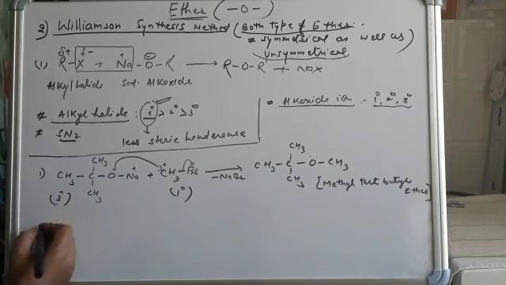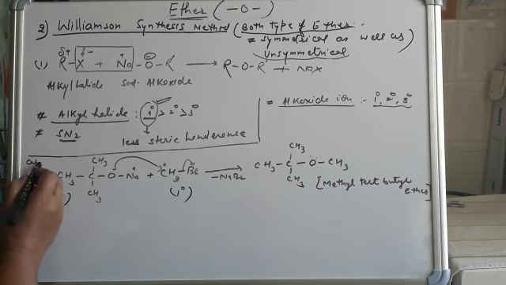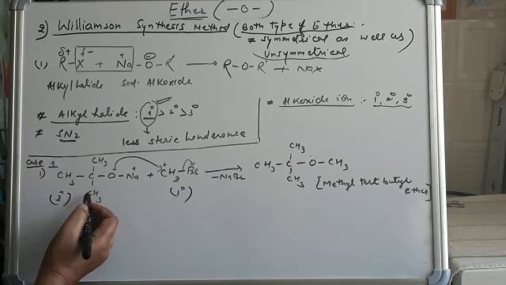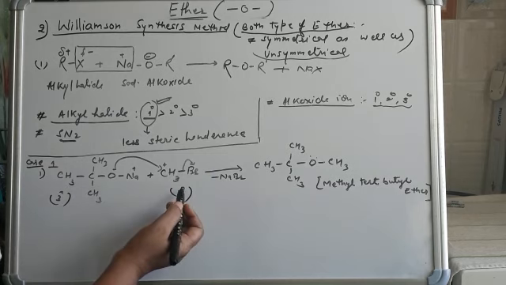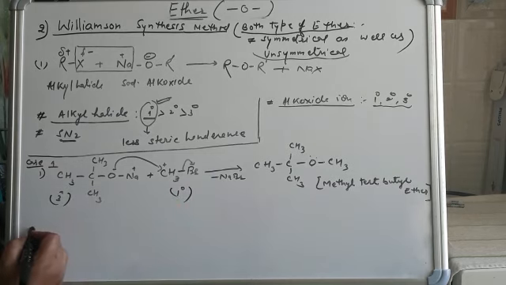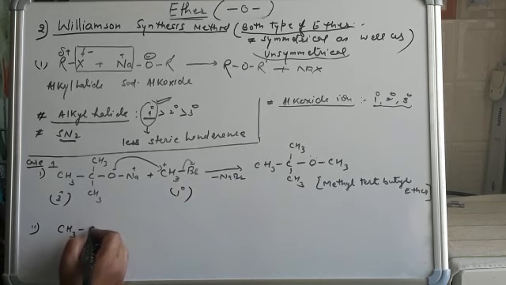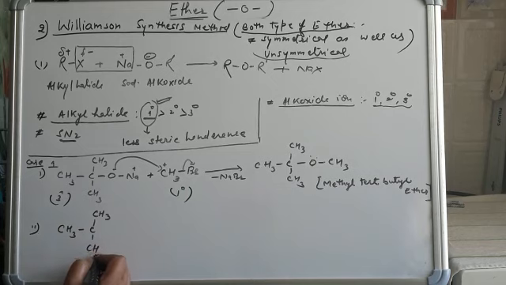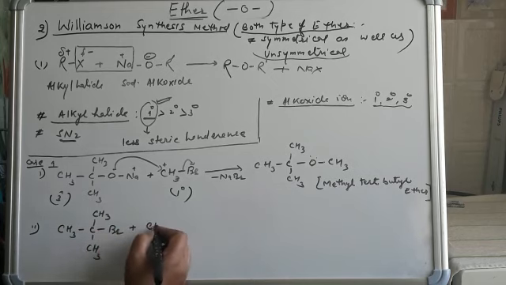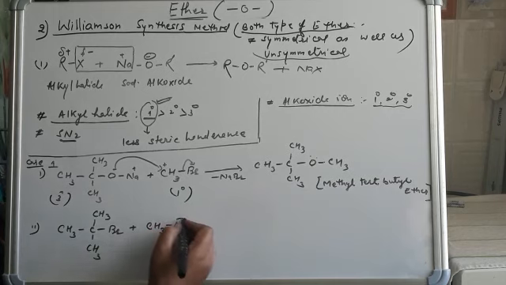If we reverse the case, in case 1 the alkoxide ion is 3 degree and the alkyl halide 1 degree. In the next example, the alkyl halide is taken 3 degree and the alkoxide ion taken as 1 degree.